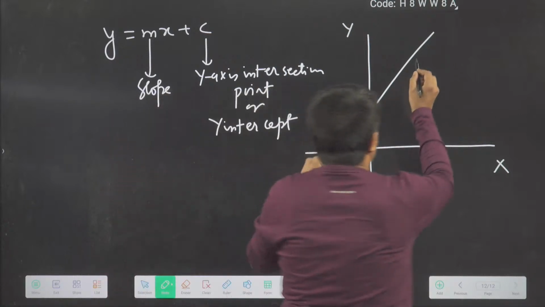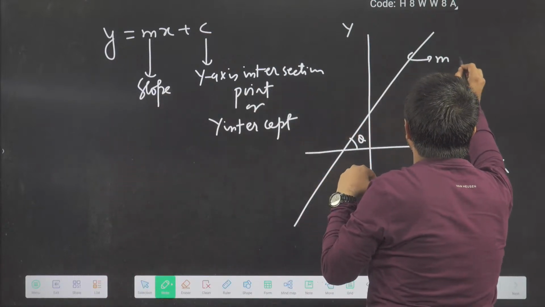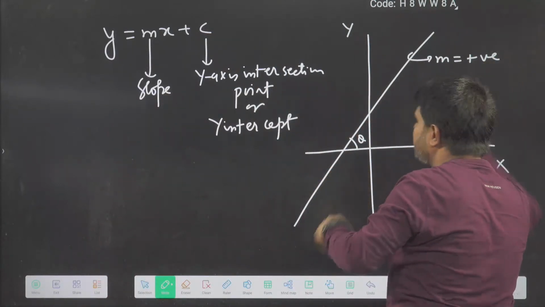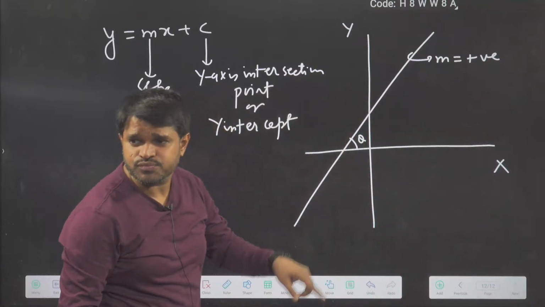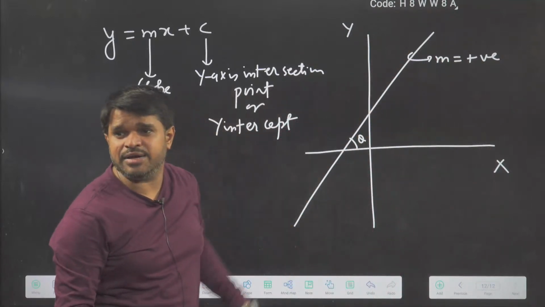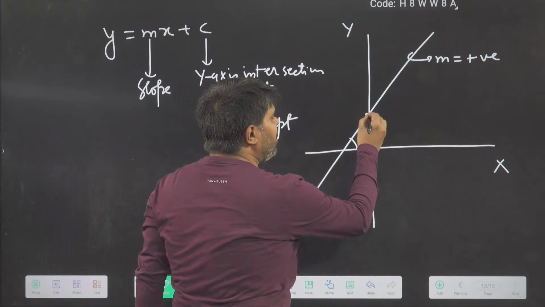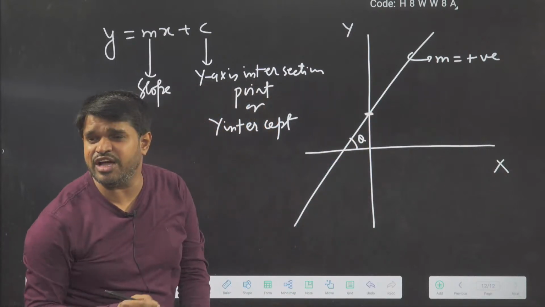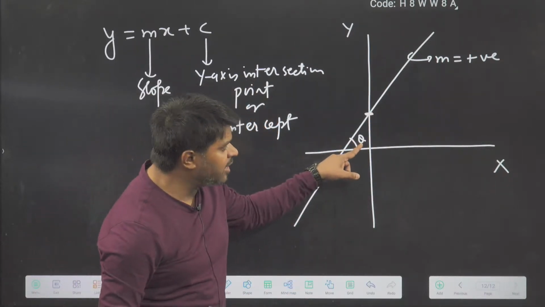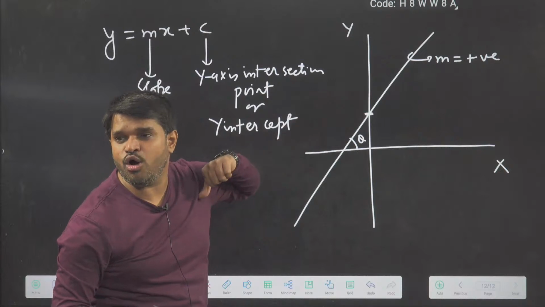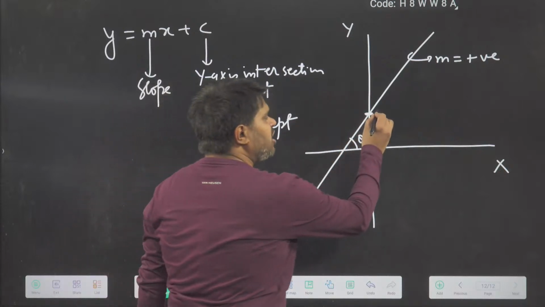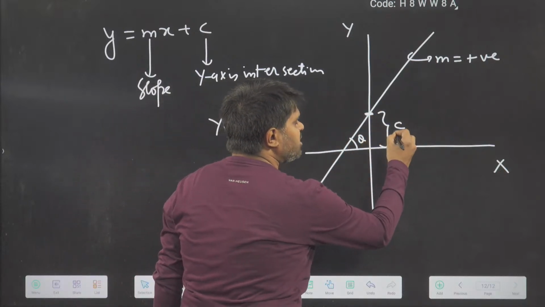Acute. So here first I will write m as positive. Now understand. See, when we draw a line, it cuts somewhere on the y-axis. Is it cutting above the origin? Yes. So this length is called c.